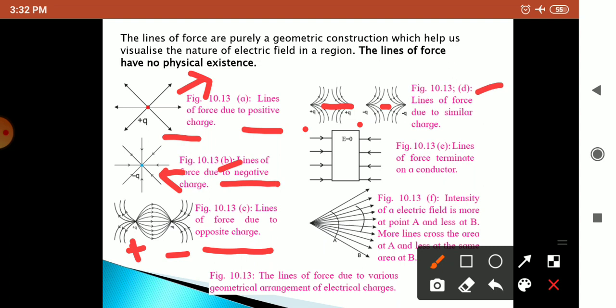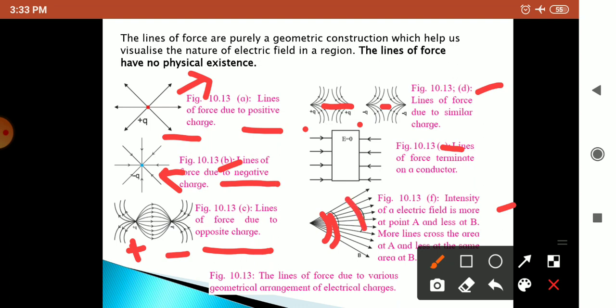Then in E, lines of force terminate on a conductor. Terminate means they will end on that conductor. Then in F, the intensity of an electric field is more at point A and less at B. That means at less area there is more intensity.